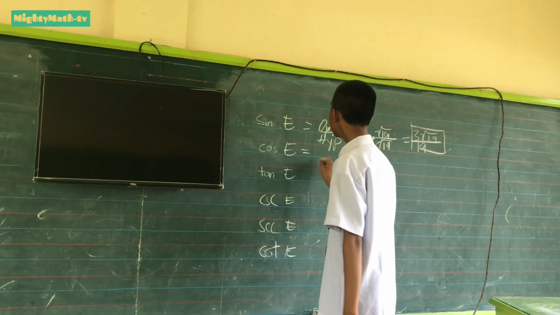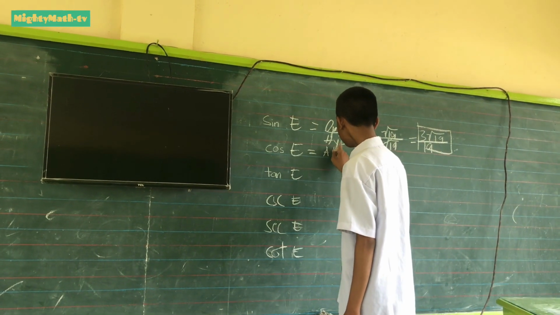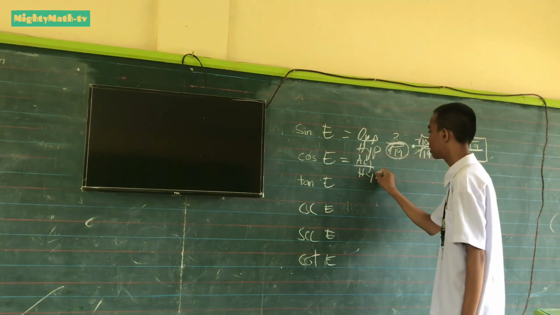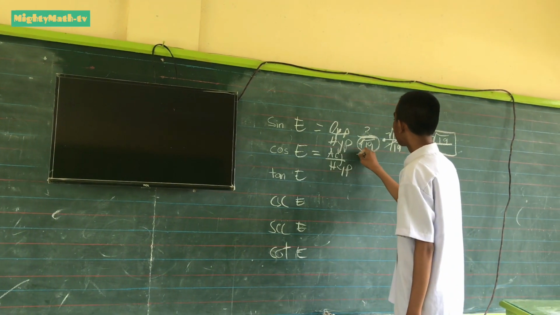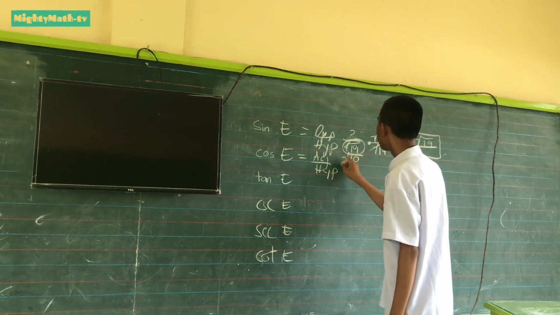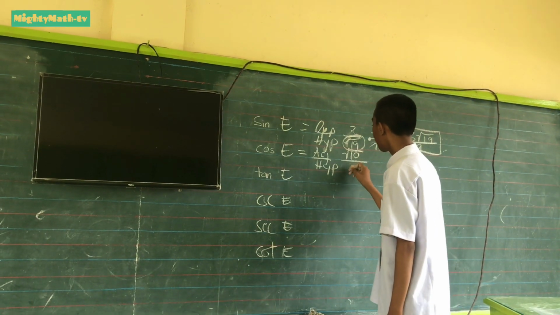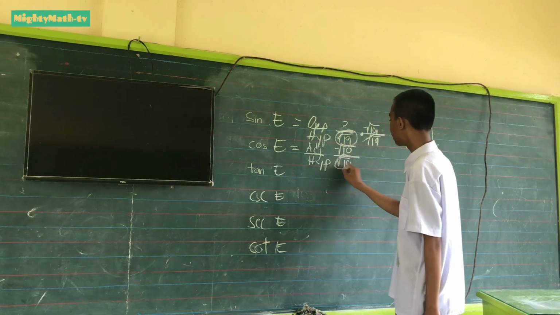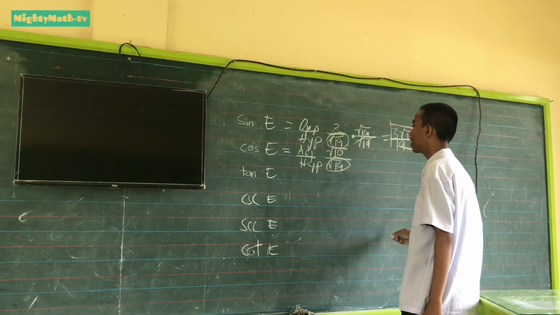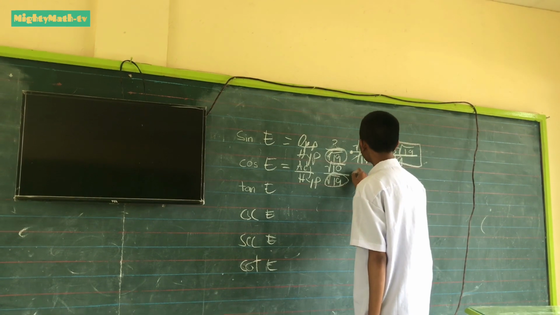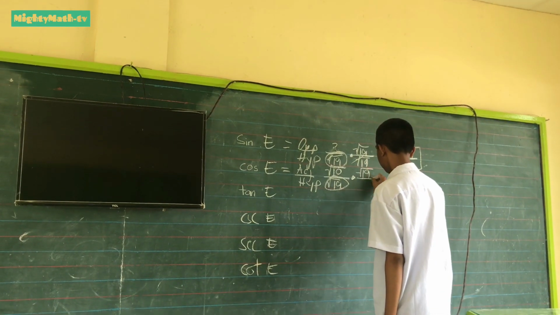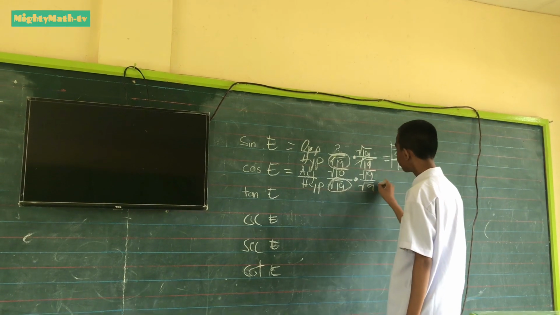And for cosine E, it's just adjacent over hypotenuse. We know that the adjacent is square root of 10, and our hypotenuse is square root of 19. Same as before, we're having a radical sign as a denominator. We'll just multiply it by what's in the denominator, square root of 19.